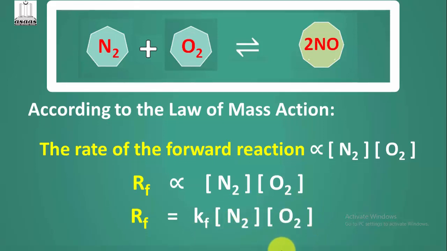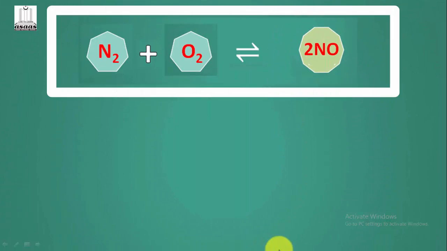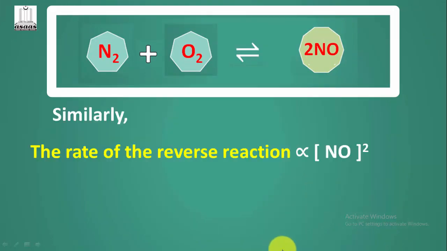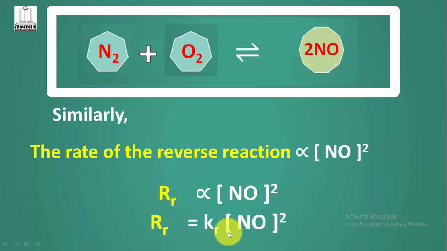Similarly, the rate of reverse reaction is directly proportional to the molar concentration of products. So Rr is directly proportional to the molar concentration of NO, and the constant of proportionality is replaced by the reverse reaction constant Kr. So Rr is equal to Kr multiplied by the molar concentration of NO squared.